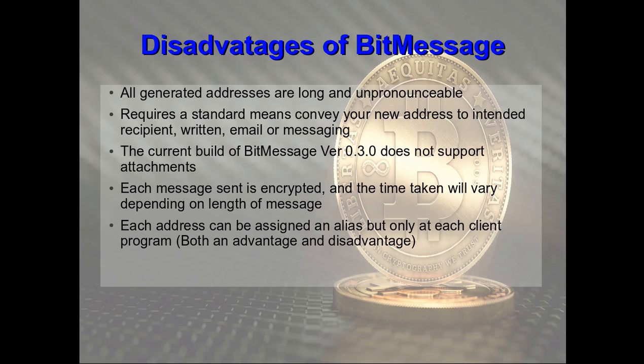Even if you share an address that is known to the both of you, the labels themselves would be different. So the labels themselves are not transmitted with the bitmessage address. Only the long chain unpronounceable bitmessage address is transmitted along with the message itself.